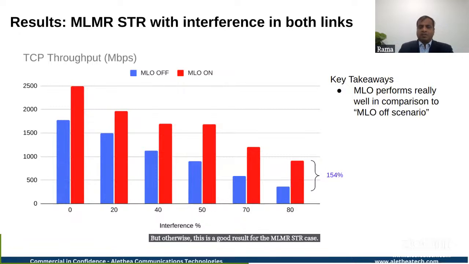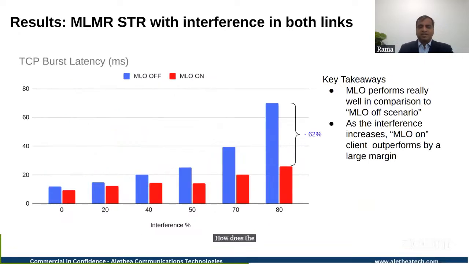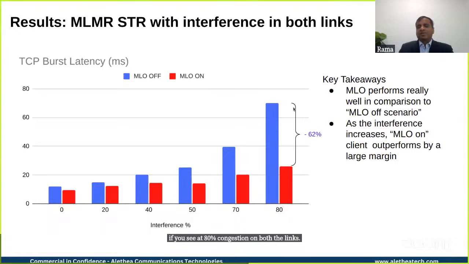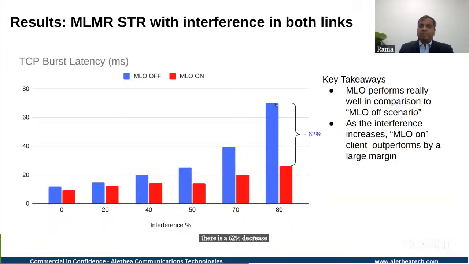How does the latency or the burst latency look? And the burst latency really looks good. If you see at 80% congestion on both the links, there is a 62% decrease in latency when compared to the MLO off case. I think this is actually a very good advertisement for the MLO.